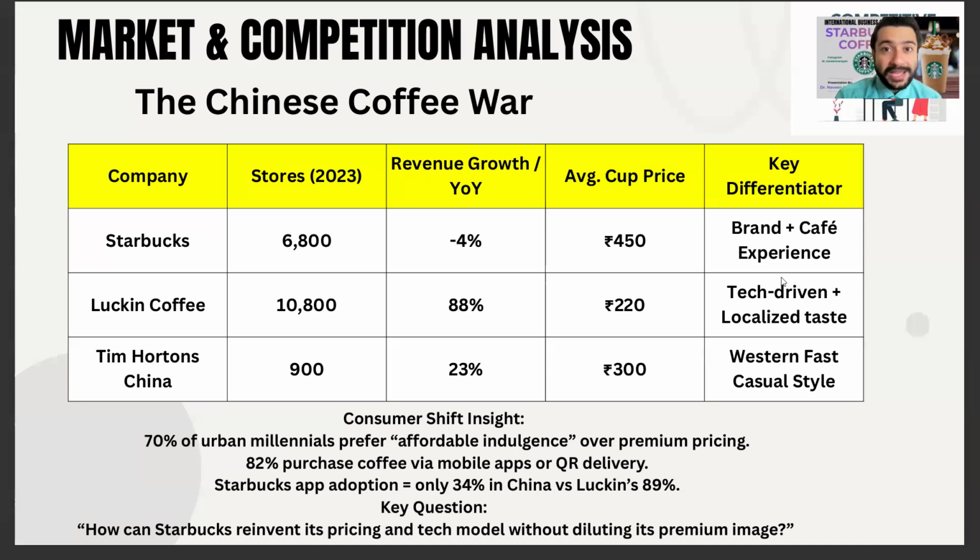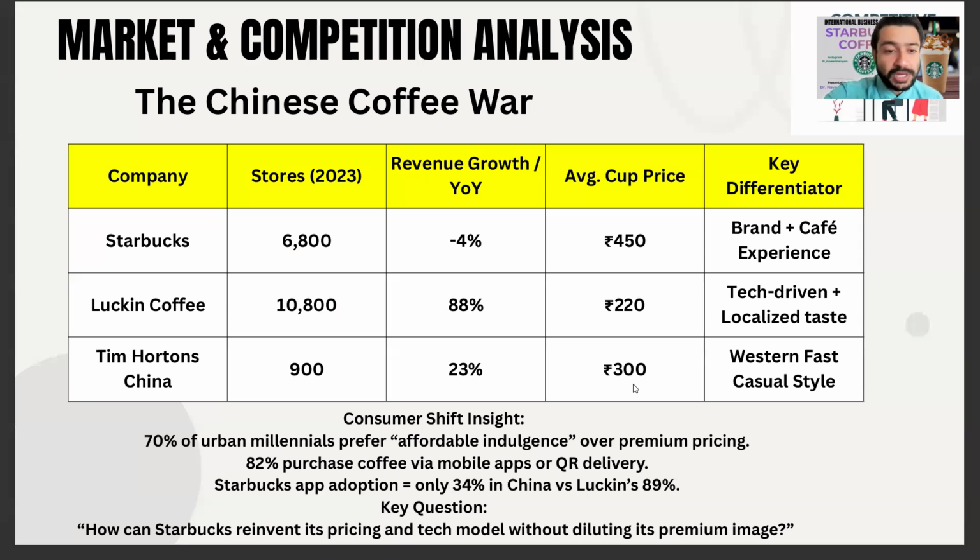The key differentiator was tech-driven and localized taste. Tim Hortons, with only 900 stores, grew revenue 23 percent at rupees 300 per cup, with a Western fast casual style.